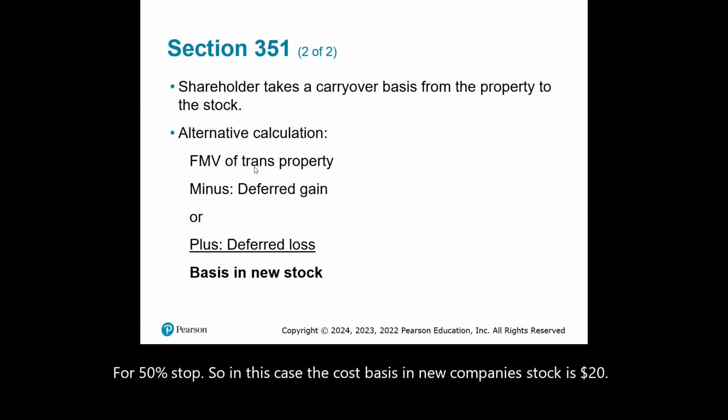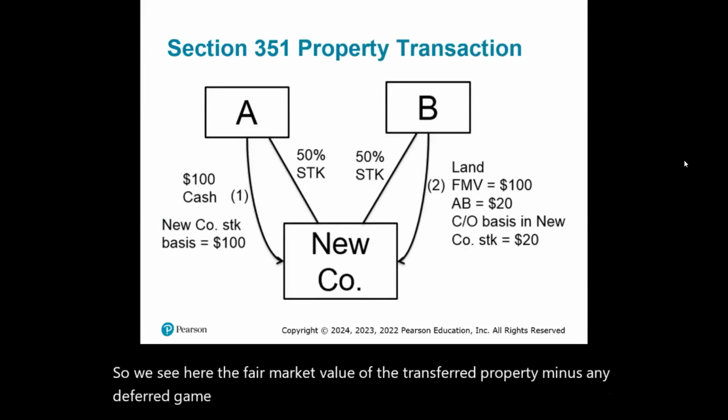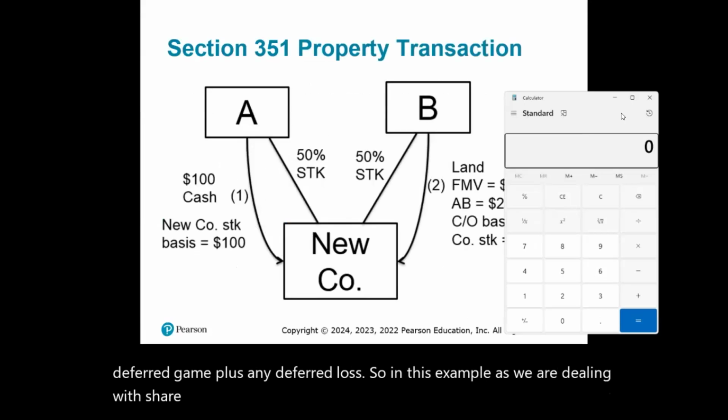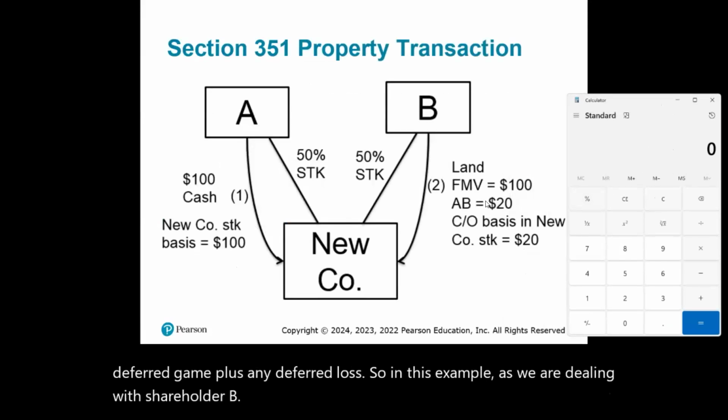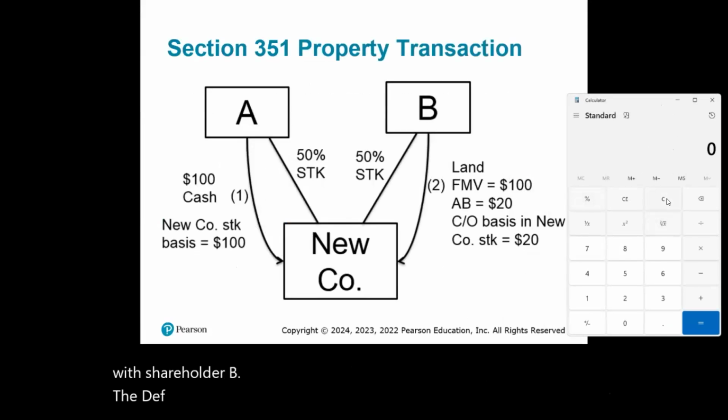We see here the fair market value of the transferred property, minus any deferred gain, plus any deferred loss. In this example, as we are dealing with shareholder B, the deferred gain is $80,000: 100,000 minus the basis of 20,000, which is 80,000.